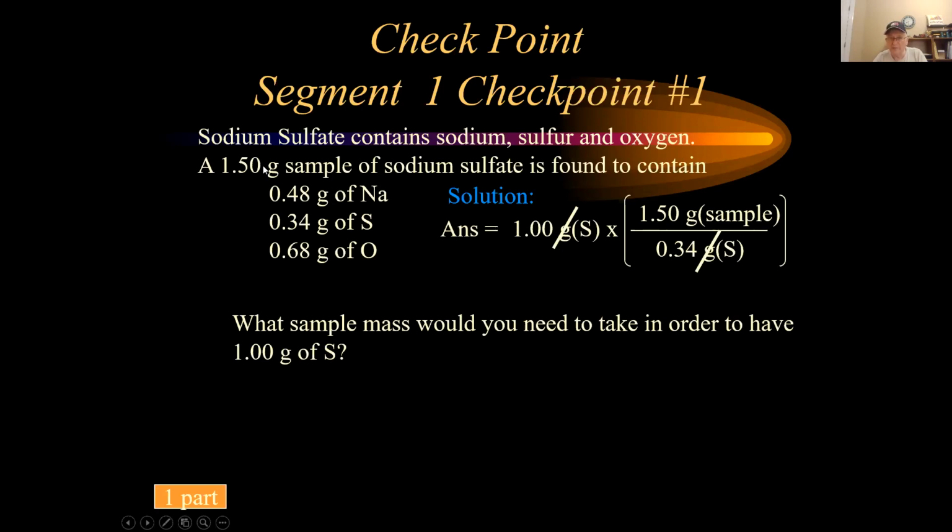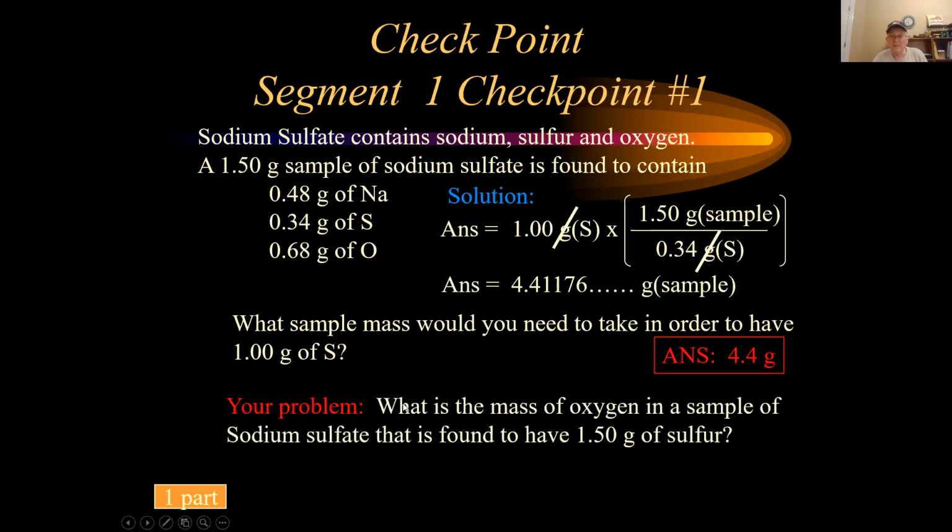A 1.5 gram sample has 0.34 grams of sulfur. So I can do that math, and then I get that answer. So 0.441 would be the answer. If I had that many grams of sample, it would have 1 gram of sulfur in it.